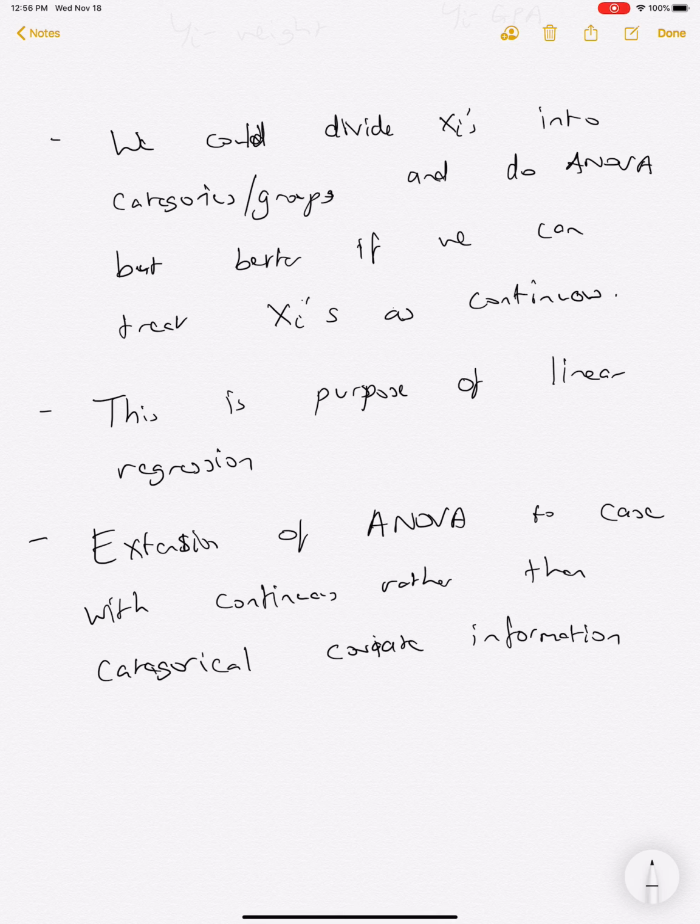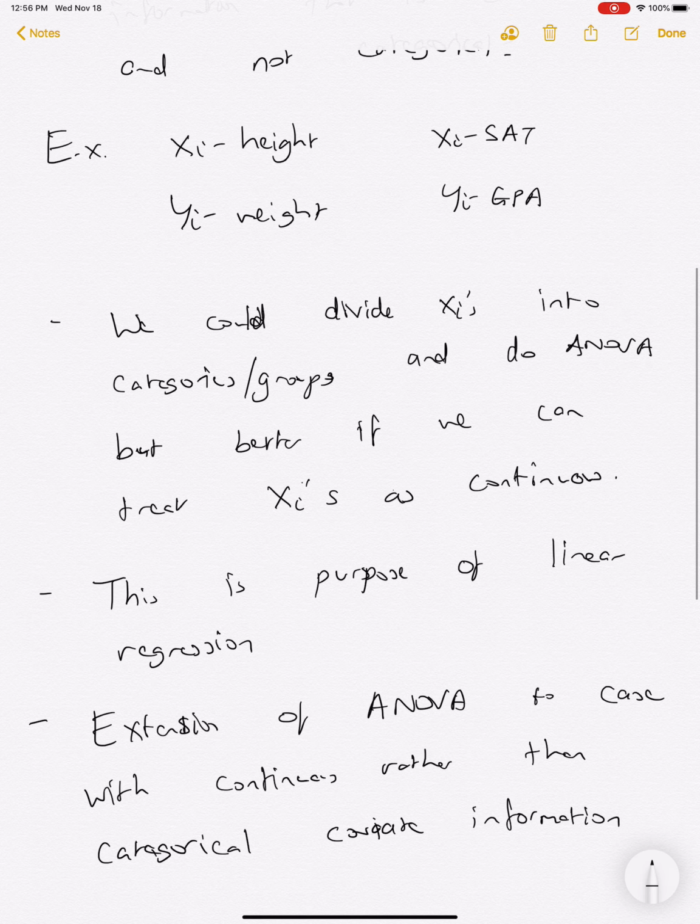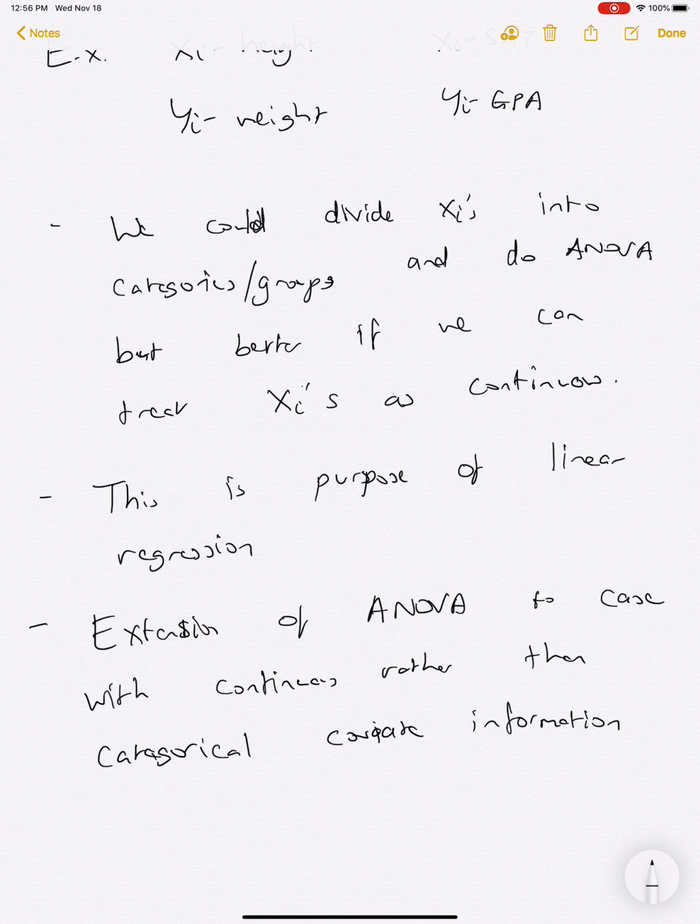Obviously we had categorical covariate information when we were dealing with ANOVA. You might know what state someone's from, and that's a category. But on the other hand, for examples like SAT and height, your covariate information is continuous, and you want to use that continuous value, and that's what simple linear regression does.